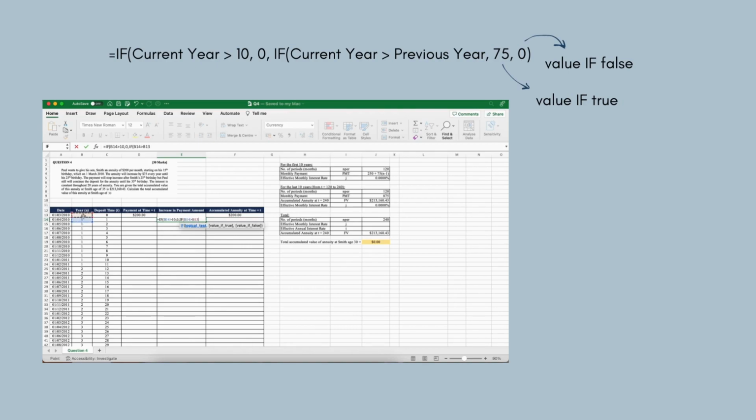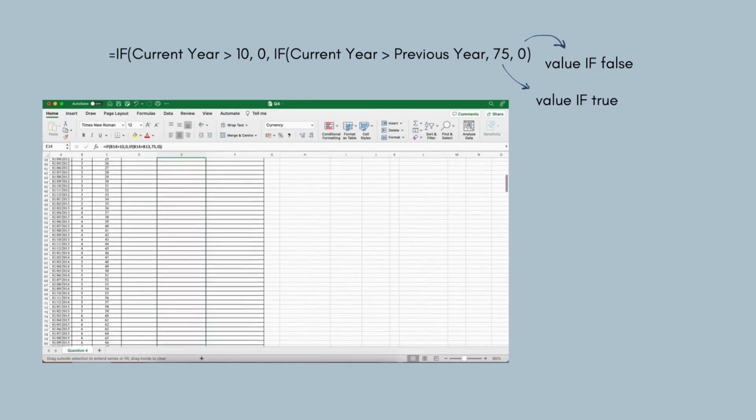And if the current year is more than the previous year, the payment will increase by 75, or else the payment will not increase. So we'll put in that function, and then we'll drag it down so that all the other cells are also filled in with the same function.